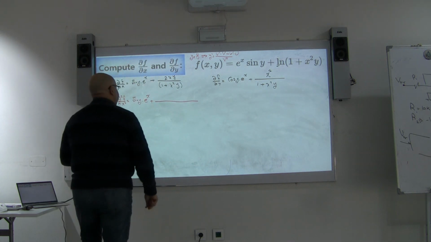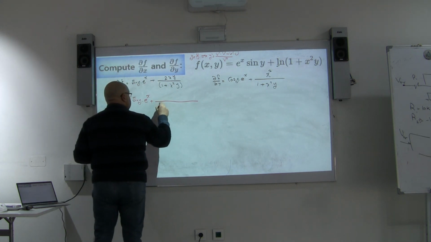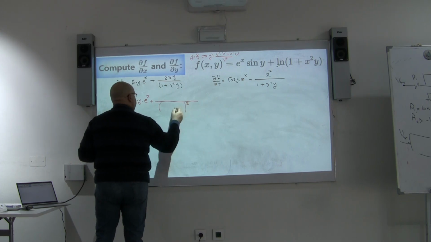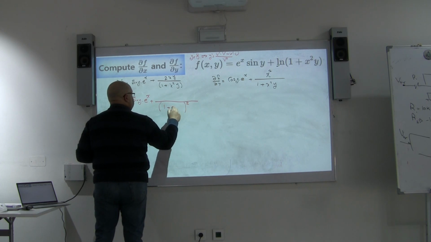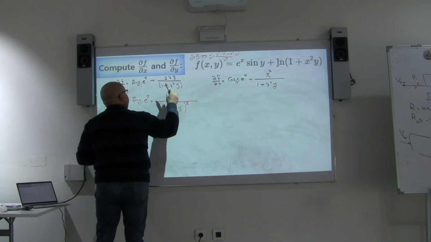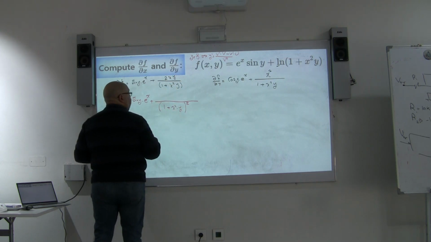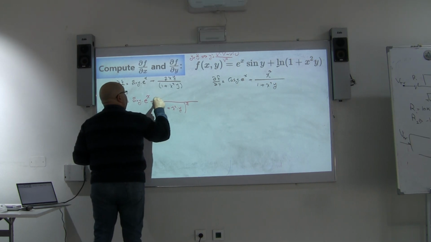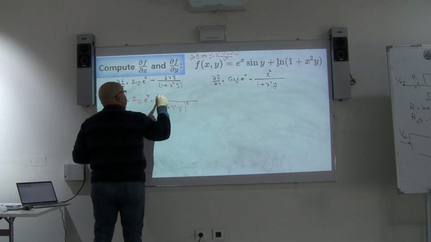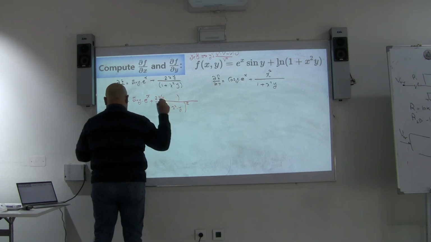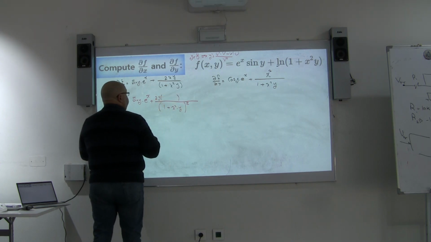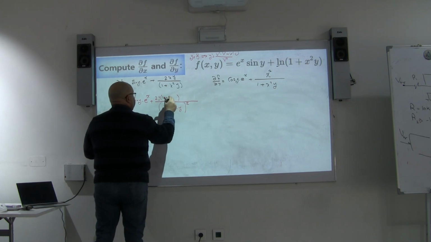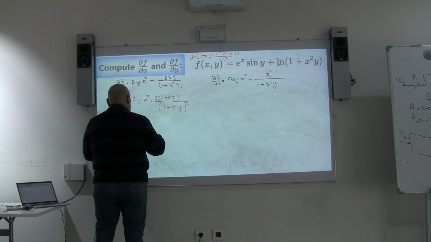Okay, let's do it together. I will start by squaring the denominator, so you will have your denominator to the power of 2: (1 plus x squared y) squared. Then I will differentiate the numerator with respect to x, times the denominator, which is 1 plus x squared y.